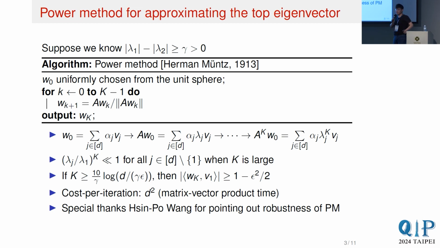You don't really need to know the eigenvalue in this case. But of course, in our paper, we also include some results for estimating the top eigenvalue or top Q eigenvalues, given there's a reasonable gap between the Q-th and the (Q plus 1)-th eigenvalue.